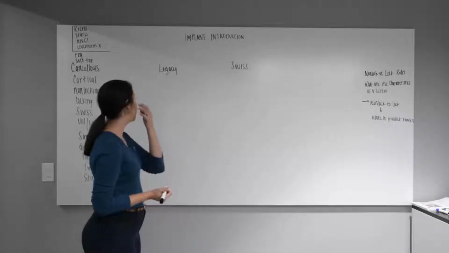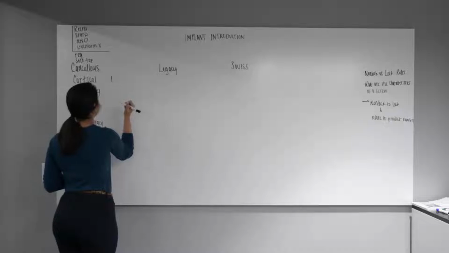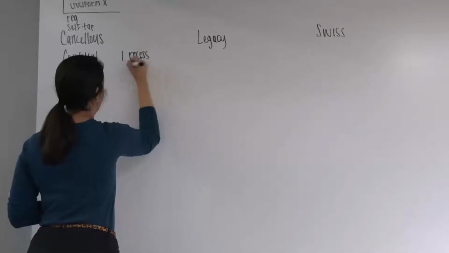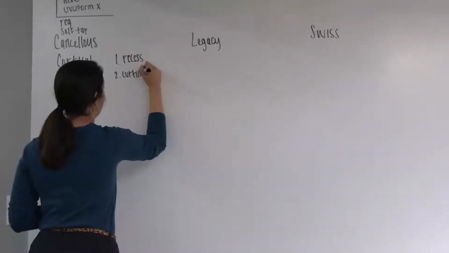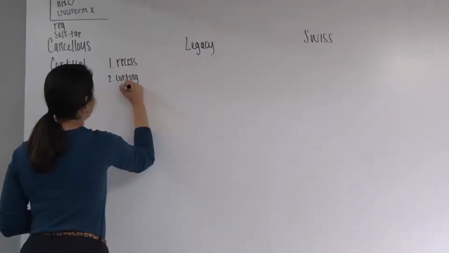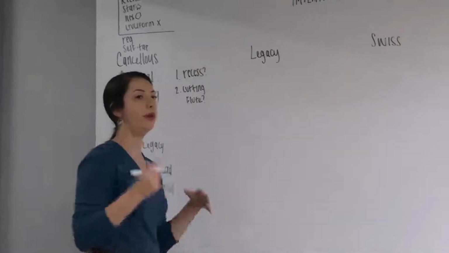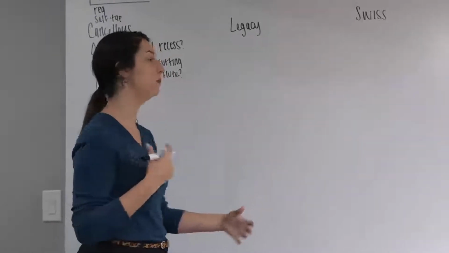For the characteristics of a SKU or a screw, I'm going to be asking what the recess is and what the cutting flute is. Is there a cutting flute or is it regular? Those two things are going to indicate what SKU I am looking at between what product line.